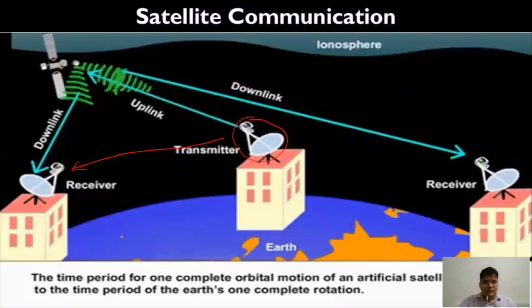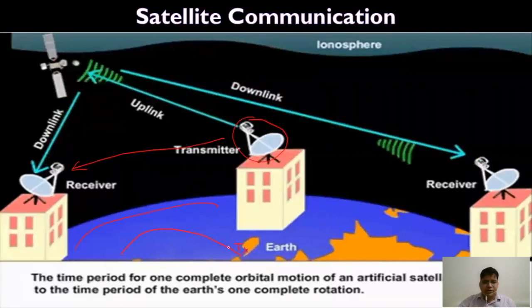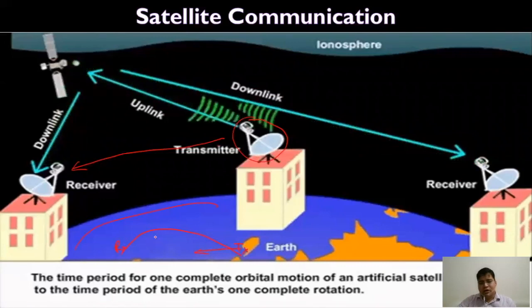Our earth is curved. Suppose we are here, our earth is curved like this, the transmitter is here and the receiver is here. We are not able to send the signal directly. A direct link is not possible between the transmitter and receiver due to the earth curvature.